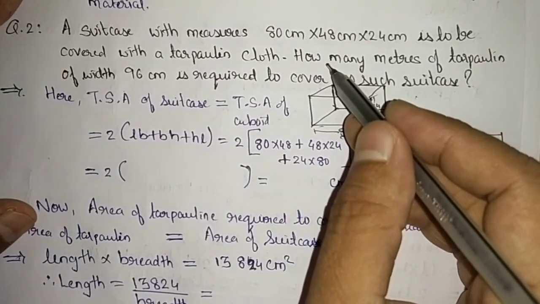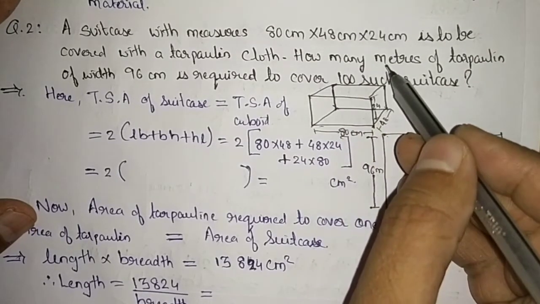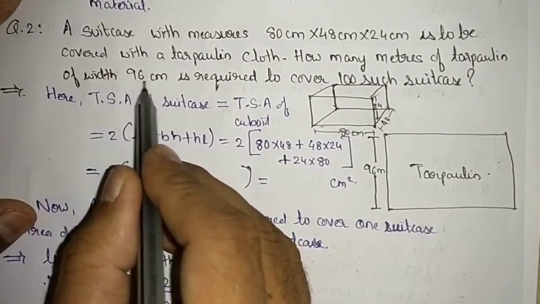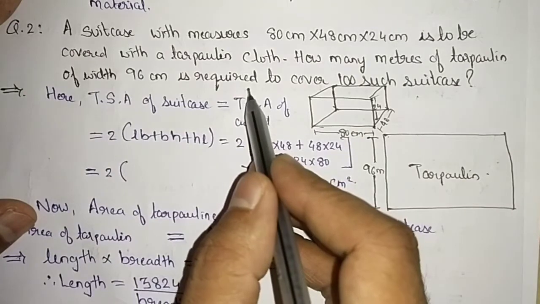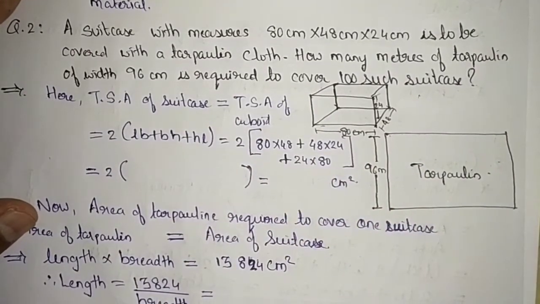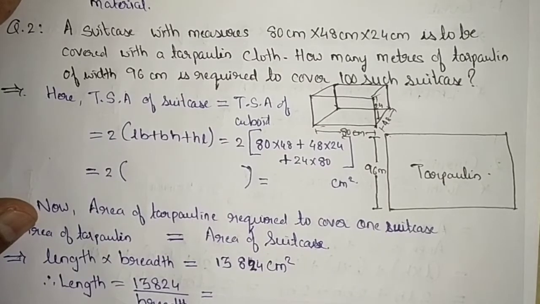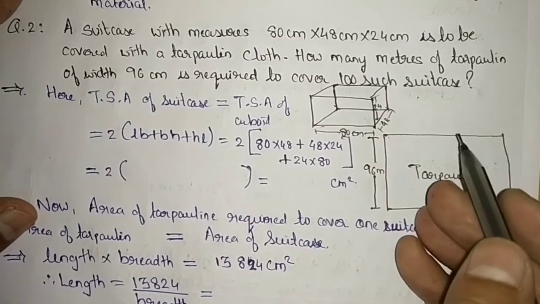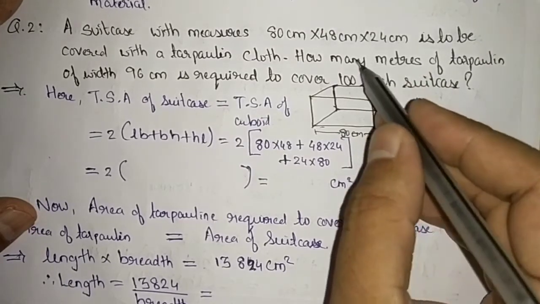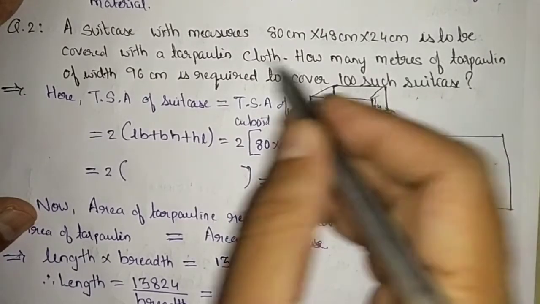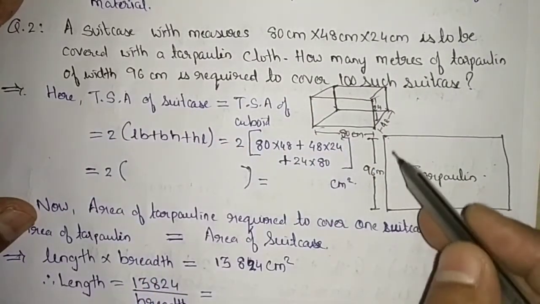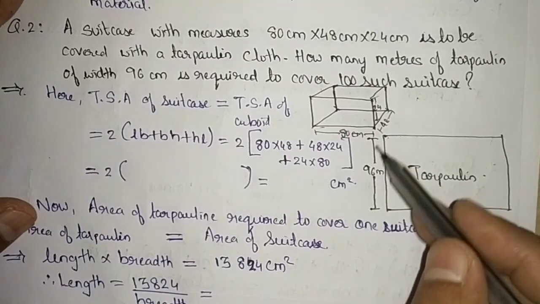Now the question further says, how many meters of tarpaulin of width 96 centimeter is required to cover 100 such suitcases? They are asking how many meters of tarpaulin will be required, that is length. The width of that tarpaulin is 96 centimeter.